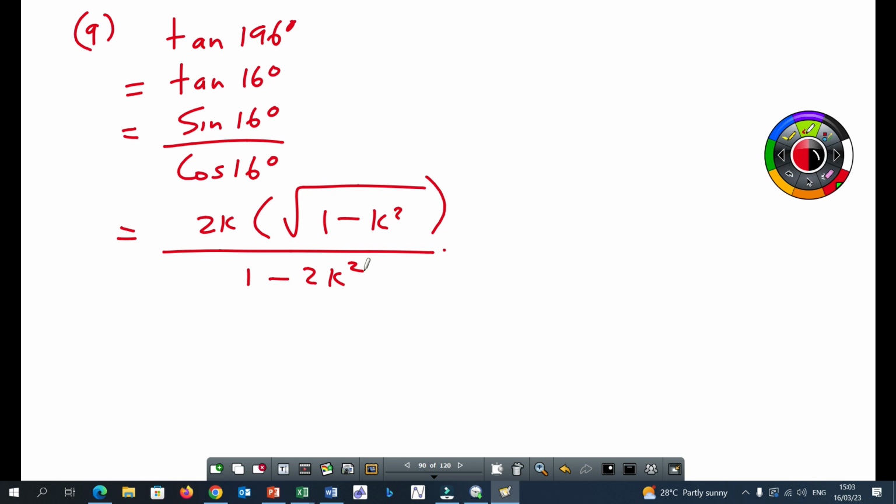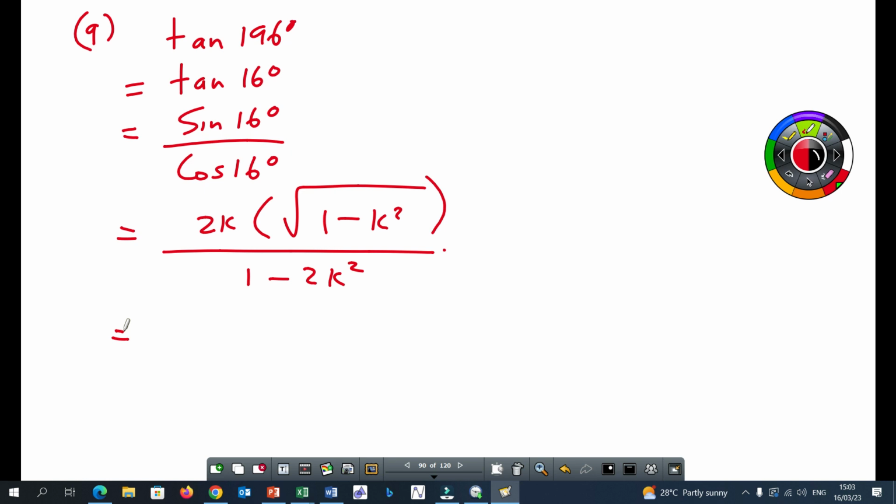Then it becomes 4k squared. Now, it depends whether the question wants you to simplify it completely or not, but as it is right now, it is simplified. So you might not have to simplify it any further. But let's say, I'm just going to do this for interest's sake. As it is, it's fine. Yes, you get full marks.